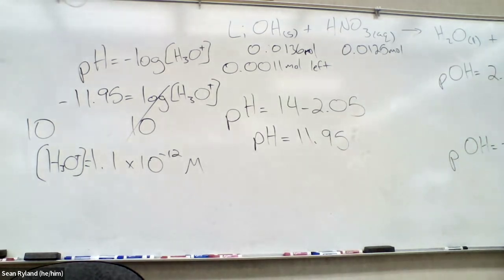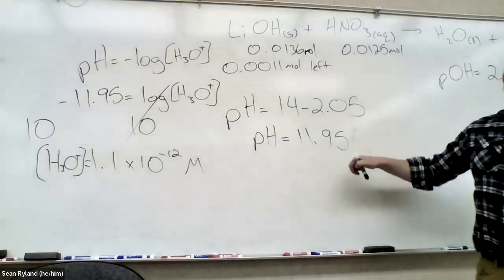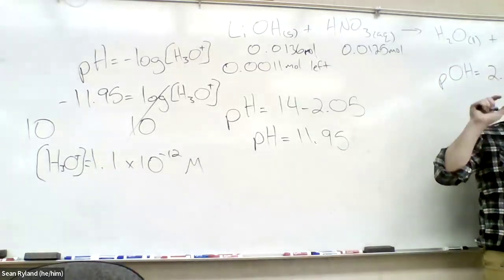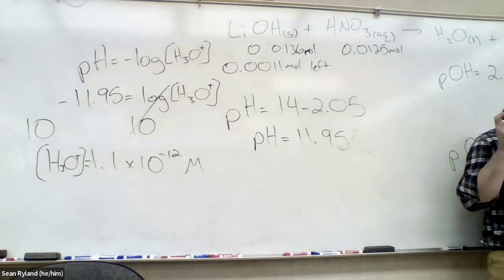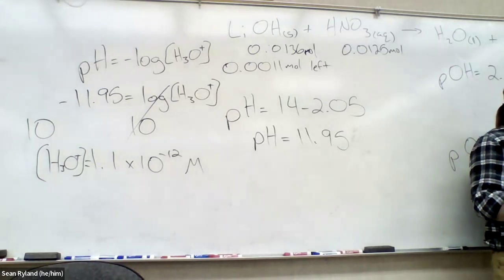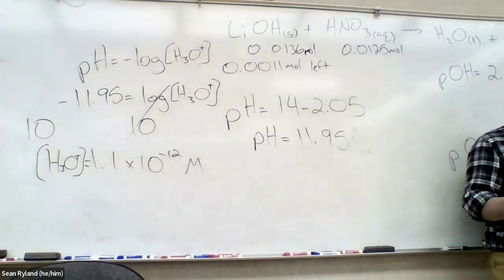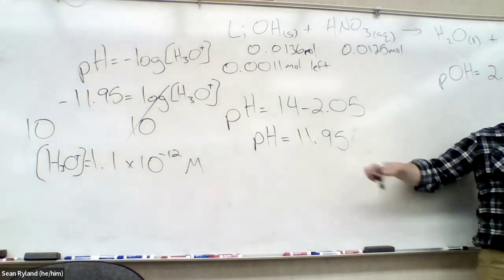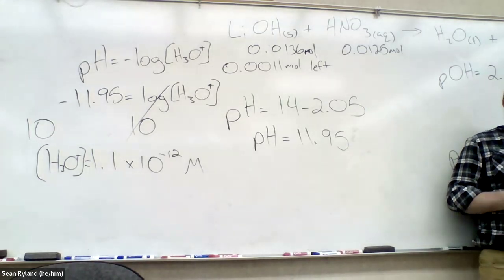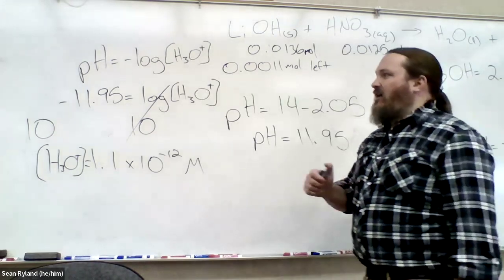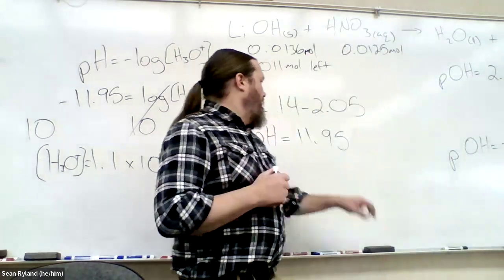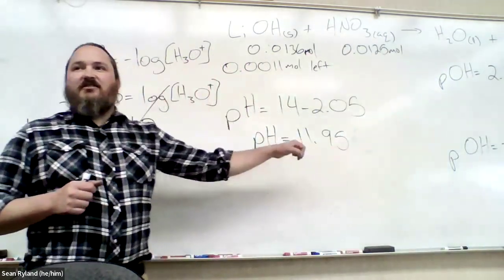For pH, always go to the hundredths place, because logs and exponents have a third set of rules for sig figs, and I'm not going to make you learn those. So you just always go to the hundredths place when you take the log of the concentration. Doesn't matter how many sig figs you started with.